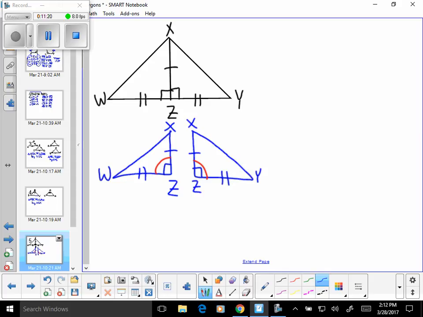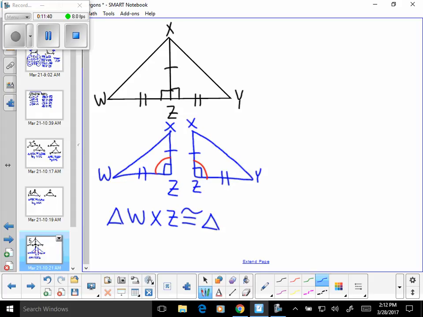Therefore, I can say that triangle WXZ has to be congruent to triangle YXZ. Now, this triangle over here on the right side literally has to flip to lay over top of WXZ.